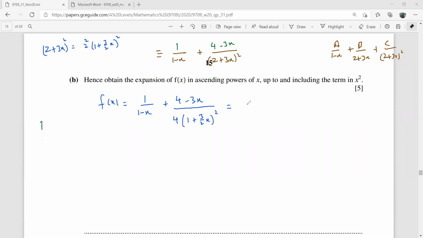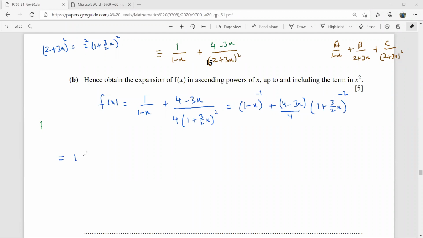This is going to be 1 minus x to the power minus 1 plus 4 minus 3x over 4 into 1 plus 3 over 2x to the power minus 2. Okay? Achha bacho, let's expand this using the binomial expansion.